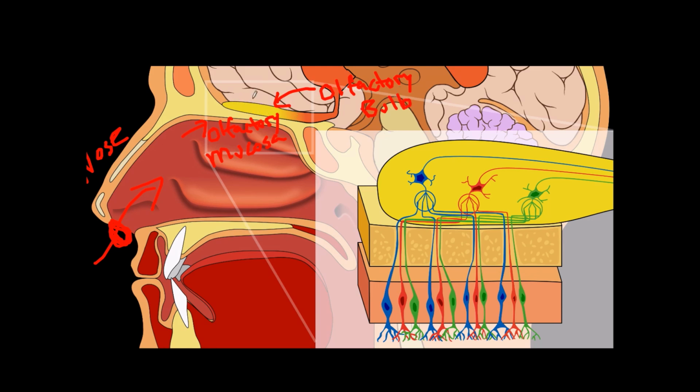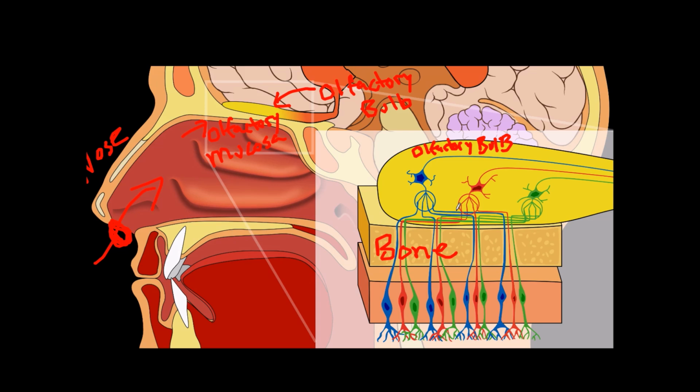So if we look at the magnified view of this, again we have our olfactory bulb here. And then down below we have this area, which is actually bone right here, that's separating the nasal passages from the central nervous system, the brain up here. And then we have our receptors down here.